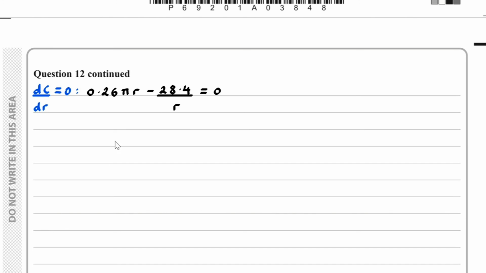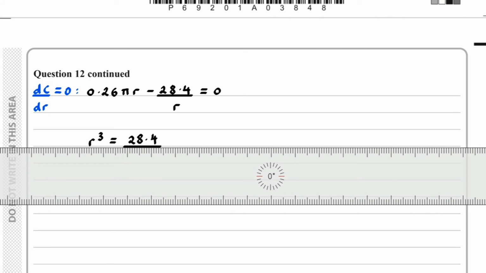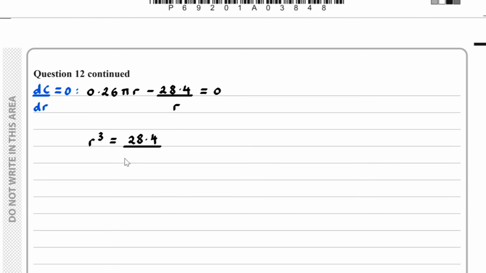So if I multiply through by r and then divide by 0.26 pi and take the 28.4 to the right hand side, we end up with r cubed equaling 28.4 divided by 0.26 pi.